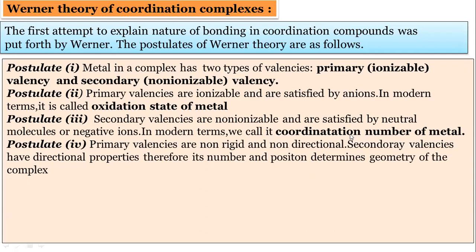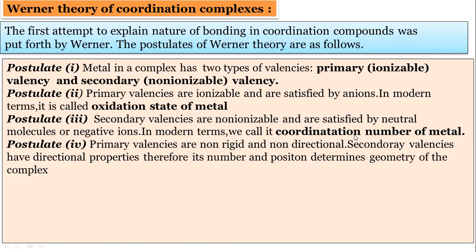the coordination number is responsible for the shape of the molecule. So the secondary valencies are directional, and depending upon the coordination number of the metal, if the coordination number is 4, the molecule will be tetrahedral or square planar. If the coordination number is 6, the shape of the molecule will be octahedral.